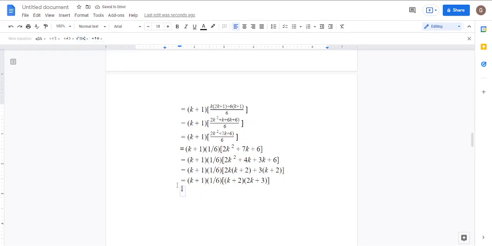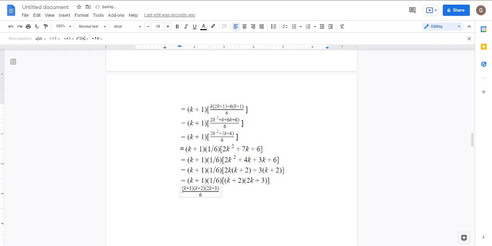So if we were to rewrite this now in the same form, we would get k plus 1 times, they were all multiplying, the k plus 2 times the 2k plus 3 all over the 6, or in other words, times the 1 on 6.